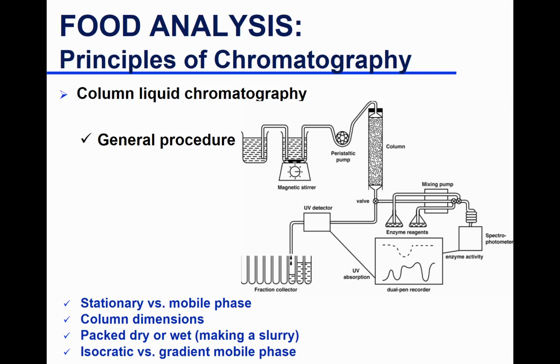So after the compounds get separated and they move down the column, and as they elute out of the column or leave the column, they get to a detector. Sometimes you have a UV detector, sometimes you have a refractive index detector, sometimes there is a photodiode array detector. So there will be different types of detectors.